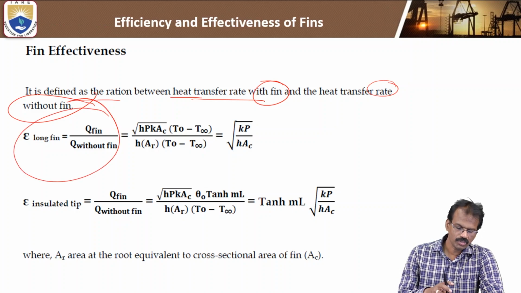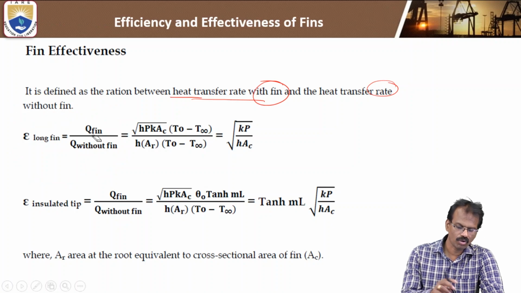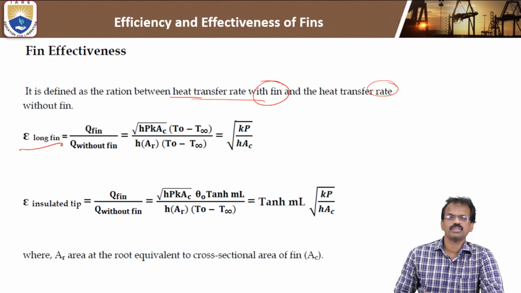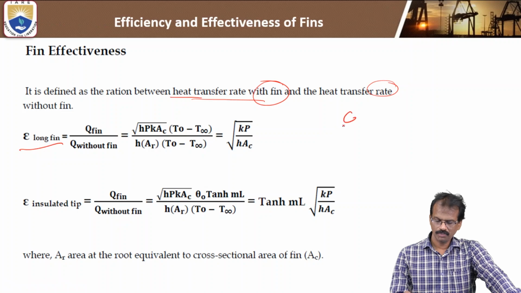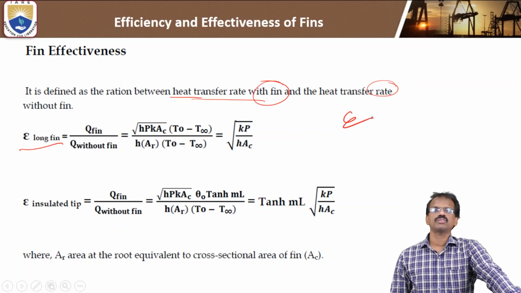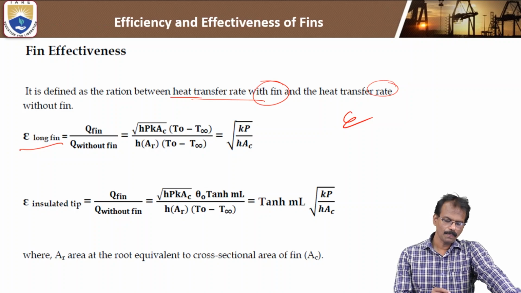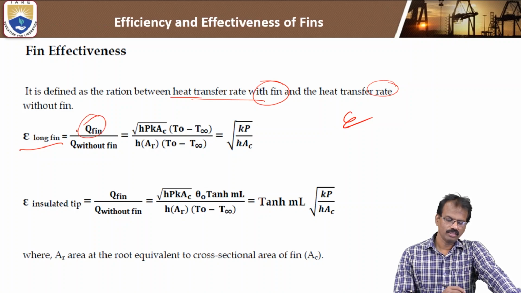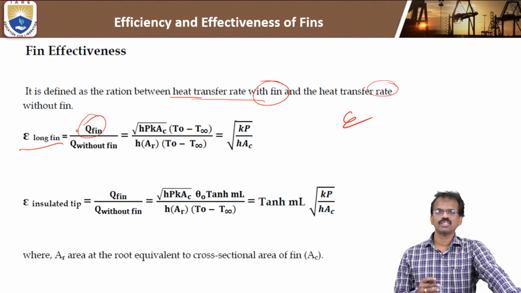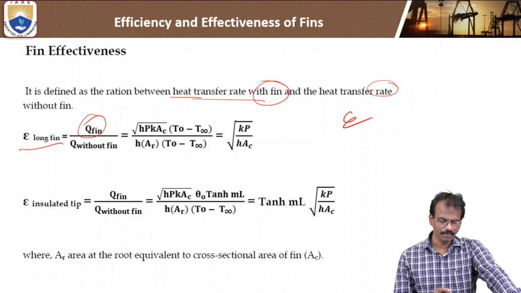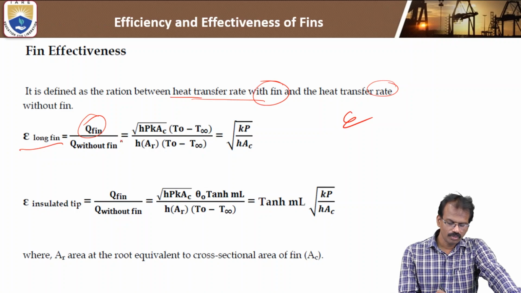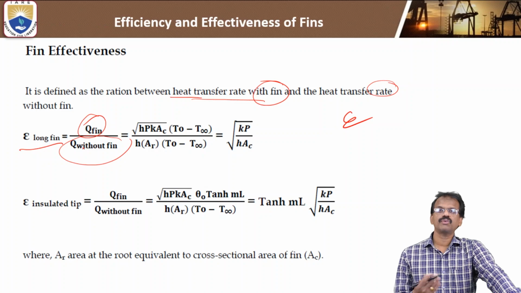First we will see the effectiveness of the long fin, represented by epsilon. The effectiveness of the long fin is equal to Q fin, the heat loss by the long fin, divided by the heat loss without fin.